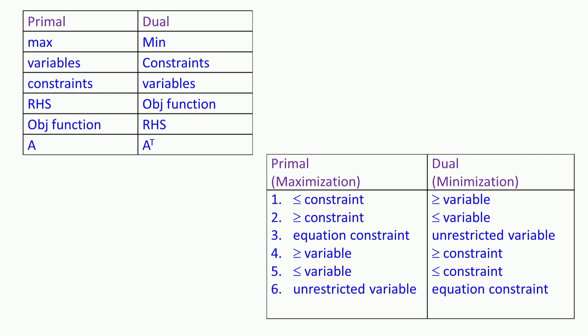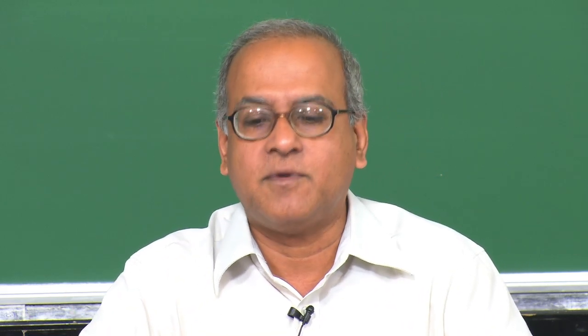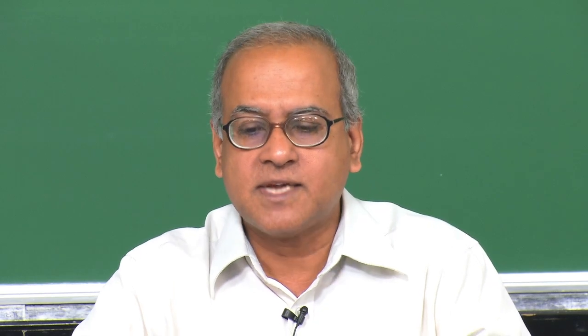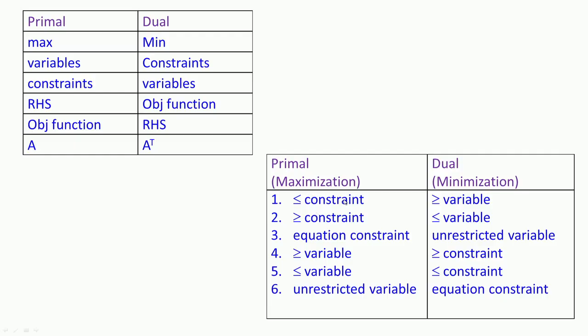So, we can think the correct type of variable will match with the correct type of constraint. For example, in a maximization problem, less than or equal to is a correct type of constraint. So, the greater than or equal to variable is the correct type of variable that will come.